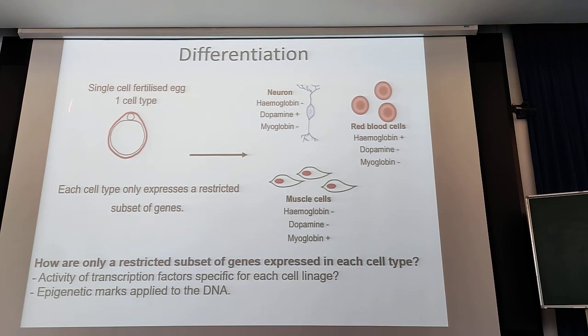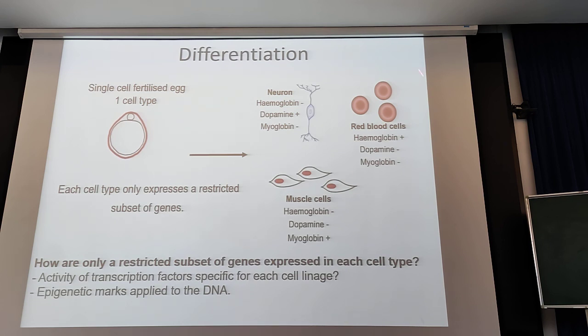For example, when the zygote develops into the neuron cell, the subset of genes related to expressing dopamine is turned on during development.